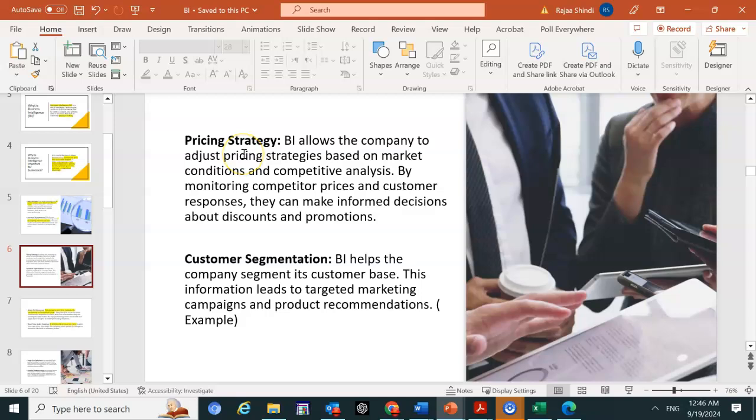BI also allows the company to adjust pricing strategies based on the market, which could be a real-time adjustment, like today's price, tomorrow's price, for future decisions, or coming up with a pricing strategy.